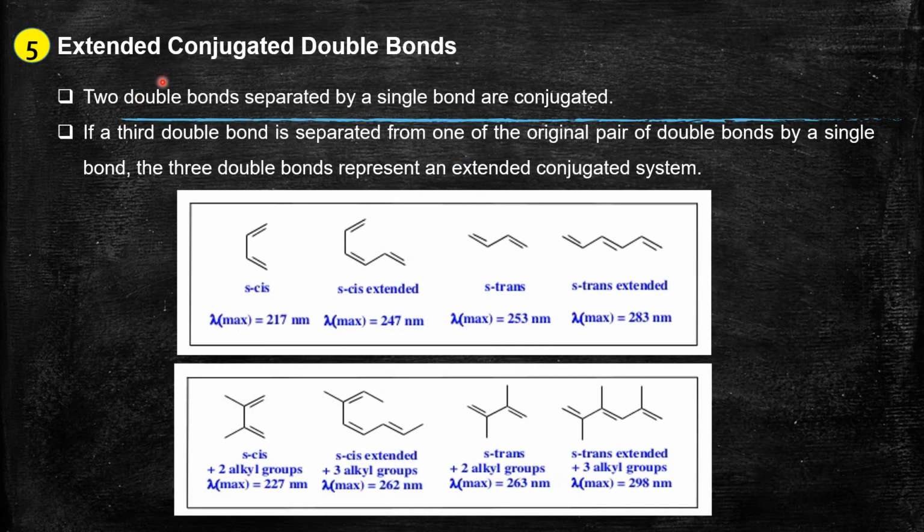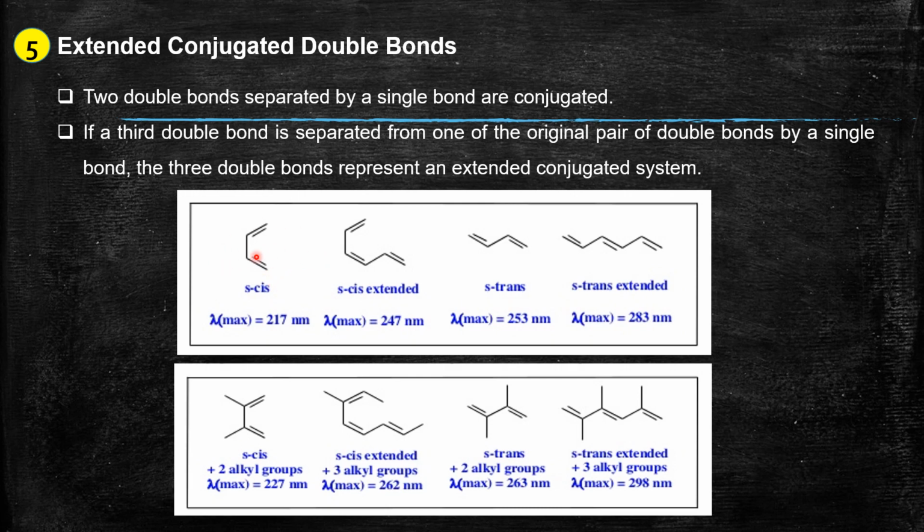Fifth one is the extended conjugated double bond. So parent value: see here, cis form, double bond, single bond, double bond. We call this the parent value because we are talking about only the Woodward shift to calculate the diene system. Diene means only a double bond, single bond, double bond system. Apart from the parent value, if the conjugate system gets extended, we call that bond an extended conjugated double bond.